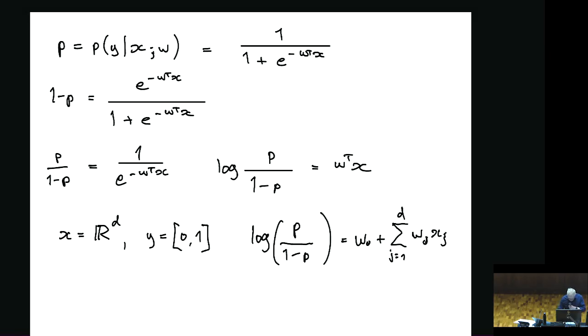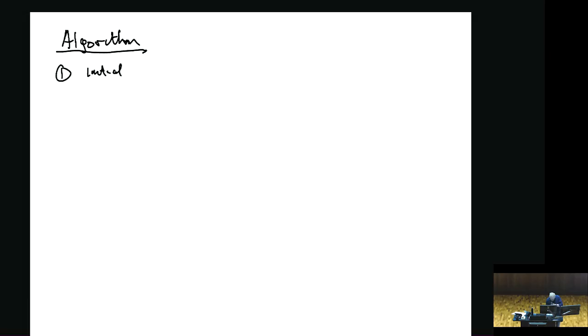All right, so the approach is that the algorithm, which we're going to need to have, is gradient ascent. So we're going to initialize the parameters as usual. We need parameters w0 to wD.